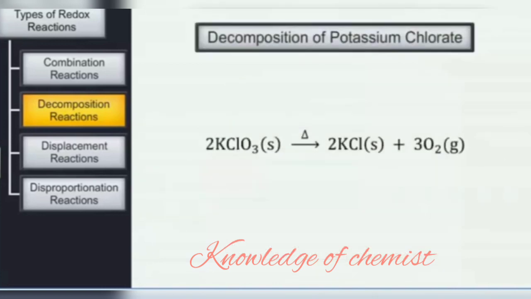In this reaction example, potassium chlorate is decomposed to form potassium chloride and oxygen. One of the two products, oxygen, is present in the elemental state. Hence, this reaction is a redox decomposition reaction.